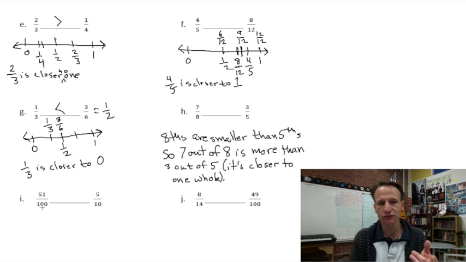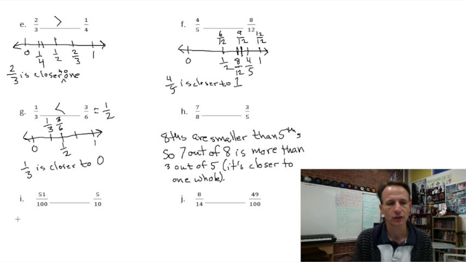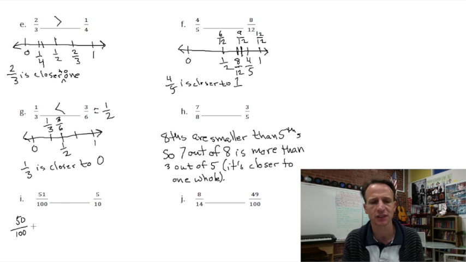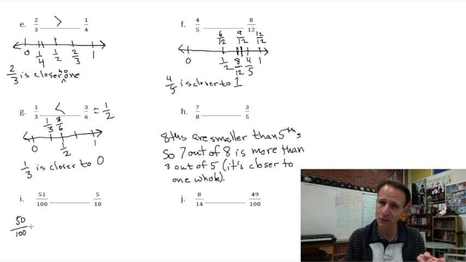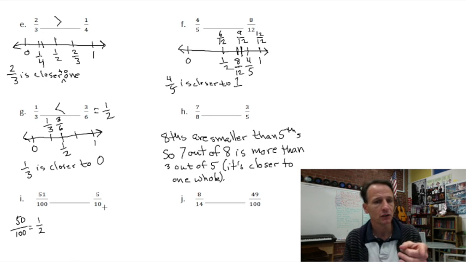Okay, so 51/100ths. Whoa, what's up with that? Well, think about this. Doesn't that make you think of something right off? Think about 50/100ths for a moment. I know it's 51, but think about 50/100ths. 50 is half of 100. So 50/100ths is equal to 1/2. Okay, look at 5/10.